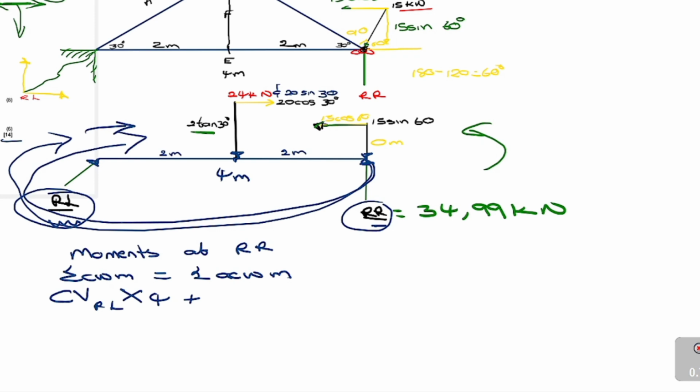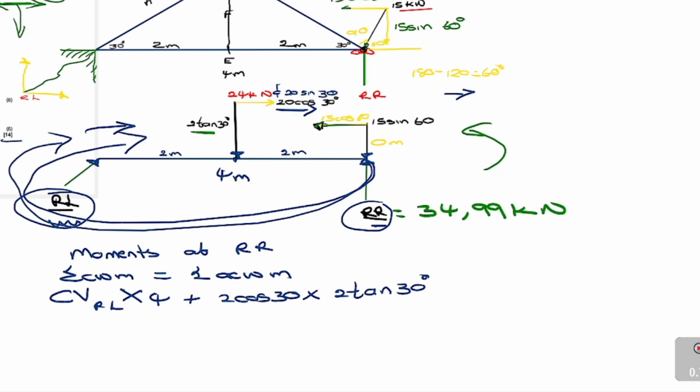Okay, so we will notice that we have the 20, we have the horizontal component of that force, which is the 20 cos, right? What is happening is that force is acting in the clockwise direction. So we'll say 20 cos 30 times 2, 30 degrees. Because it is acting in which direction?